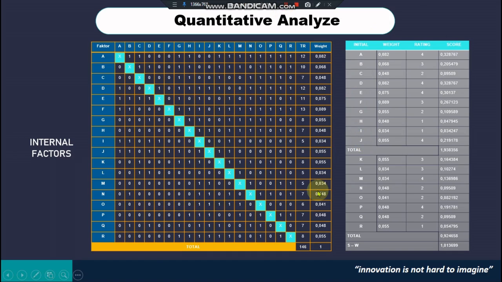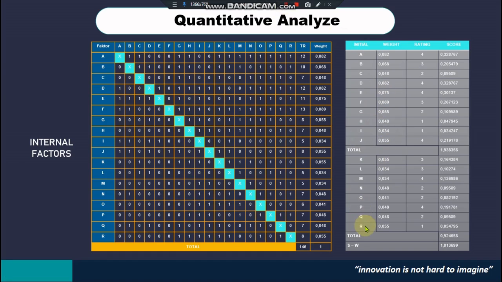After we get the weight of all the factors, we have to multiply it by the rating of each factor. How to get the ratings? We have to determine if the factor is weak or strong.